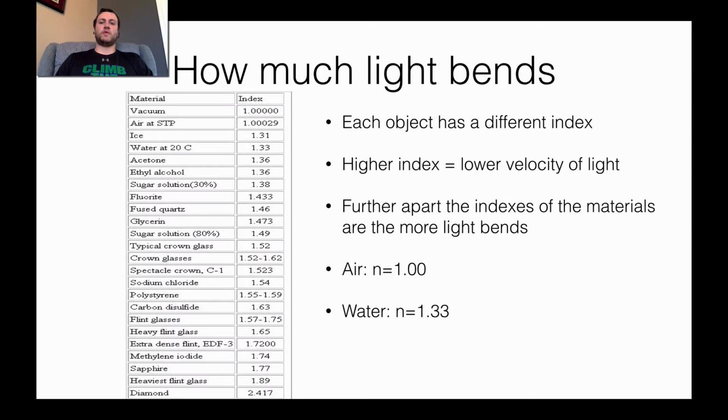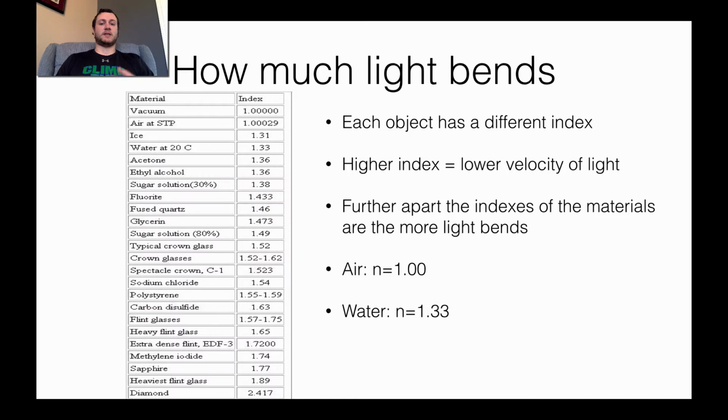If you want to really get light to bend, you want to have a larger difference between those indexes of refraction. It's not so much a matter of which is higher, it's a matter of the difference between the two. If you take light going from air to water, and we'll call air 1 and water 1.33, the difference there is 0.33 between the n values.